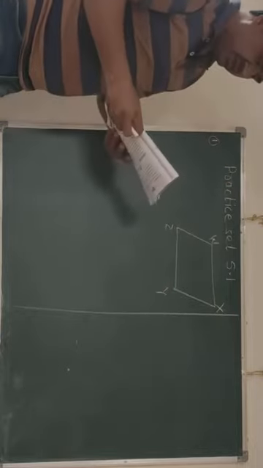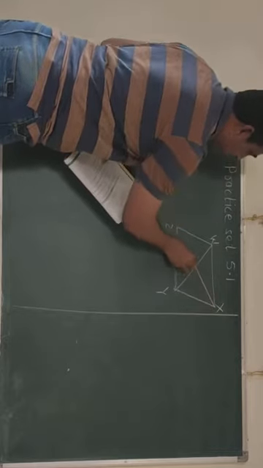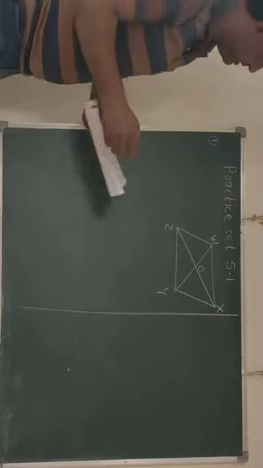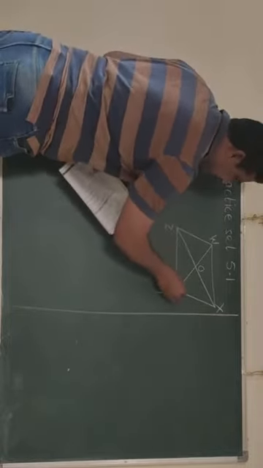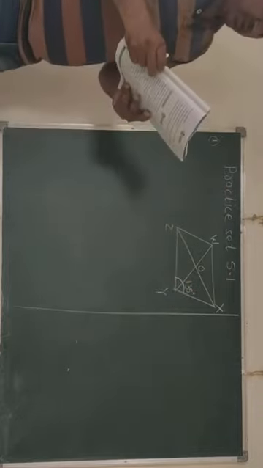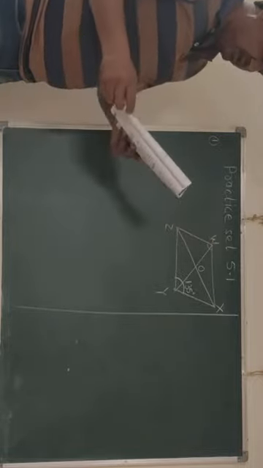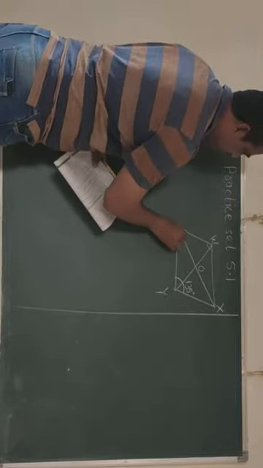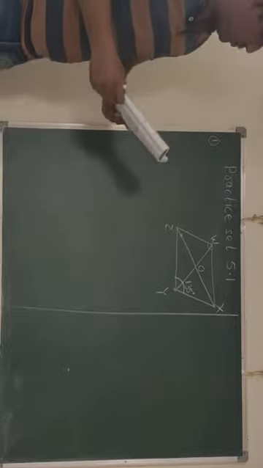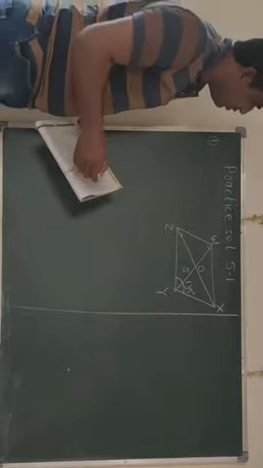Diagonals intersect each other at point O. If angle XYZ is 135 degrees, then what is the measure of angle XWZ and angle YZW? So we want these two measurements first, and after that, if OY equal to 5, find WY.